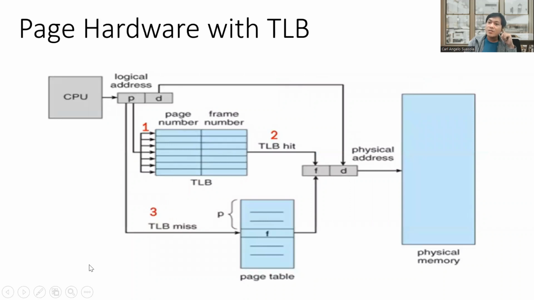So in terms of hardware implementation with the TLB, we have the CPU. The CPU will generate a logical address, which will have a page number and an offset. The TLB also has a page number and a frame number, where the recent processes or data being used are stored.